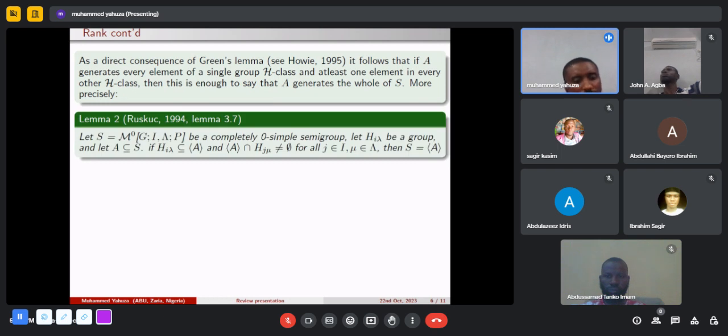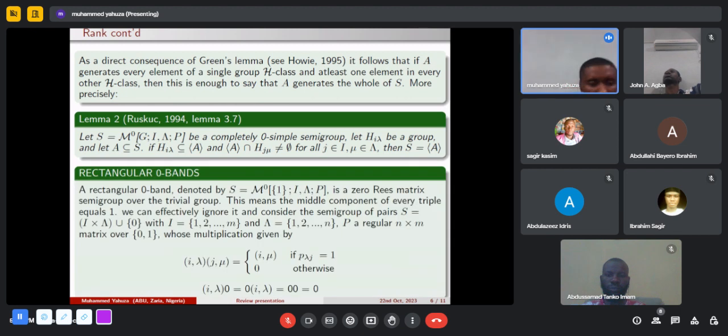It says if S is a completely zero simple semigroup, and H i lambda is a group, and A is a subset of S, so if H i lambda is a subset of A, and A intersection H j mu is not equal to 0 for all j belonging to I and mu coming from lambda, then S is generated by A.